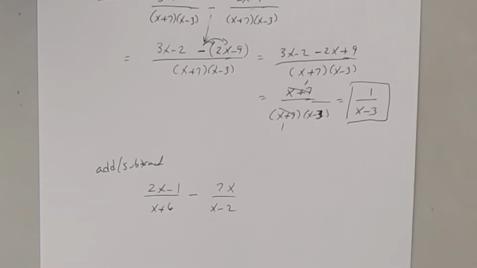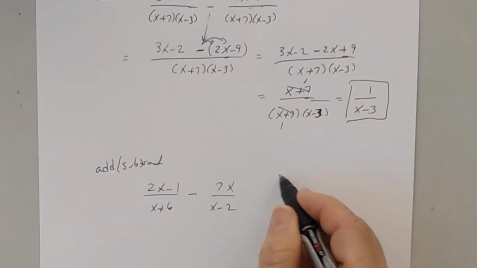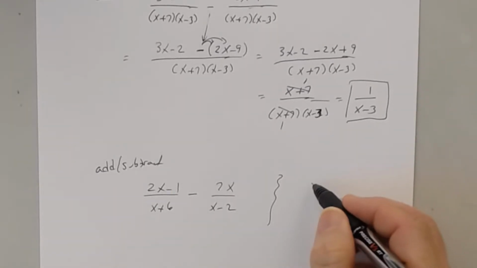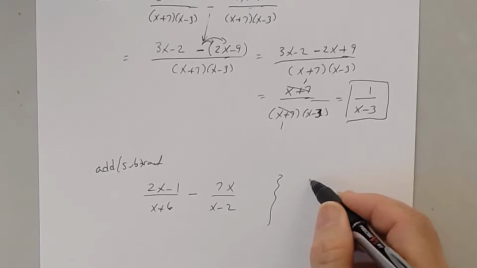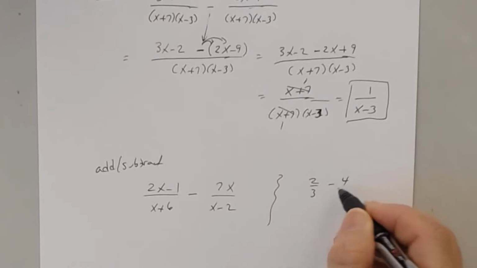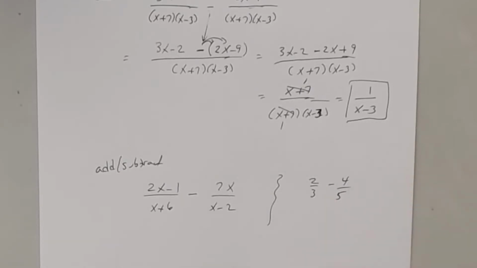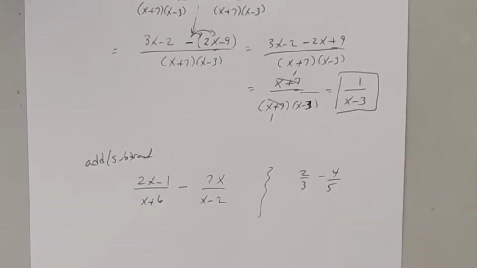And so you remember when you subtracted, let's say, 2/3 subtract 4/5, what did you have to do? Find the least common denominator. Now, you could use a common denominator, but we always chose to try and use the least.